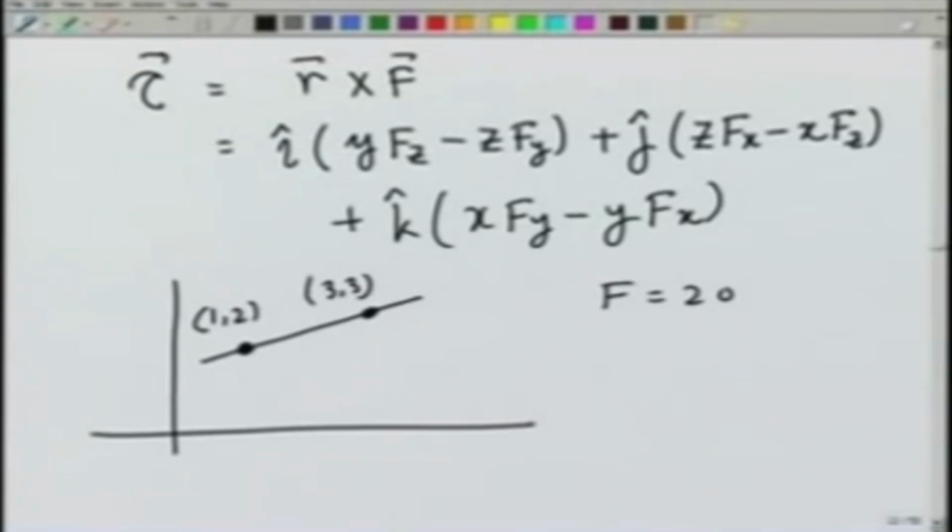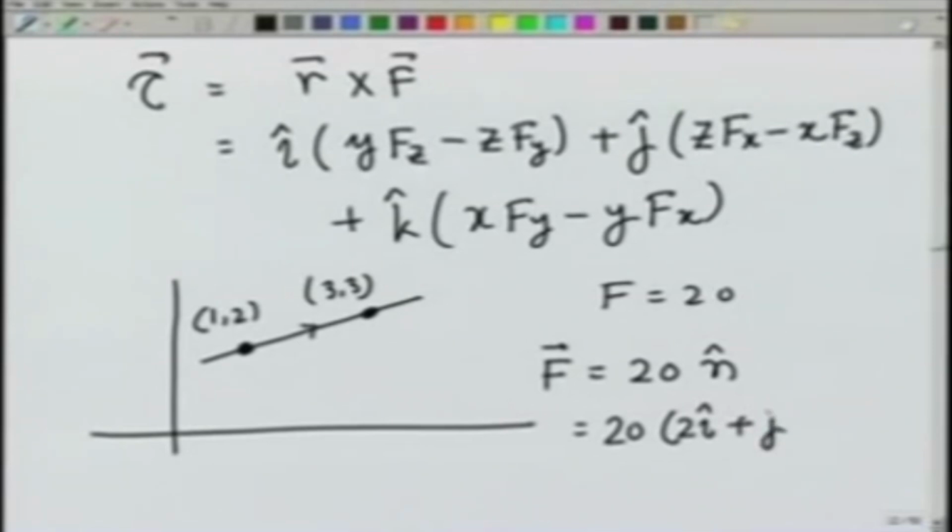So, if I were to write the force as a vector, it would be 20 times a unit vector in this direction, which I can write as 2 i plus j divided by the magnitude of this vector, which is square root of 5.